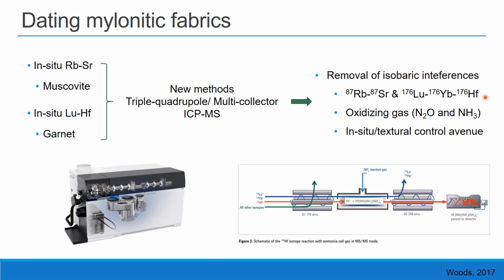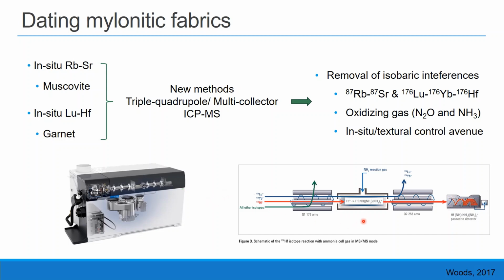But when you have mass spectrometers with collision cells inside, you can put in some oxidizing gas and create a mass shift, and then you can measure, for example, strontium-87 plus 16, and rubidium goes free. So you can actually separate the isotopes with a collision cell system. We can do this using a triple quadrupole, which is exactly what we have here.